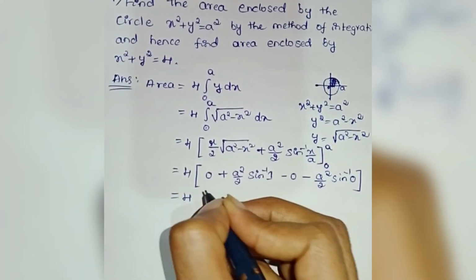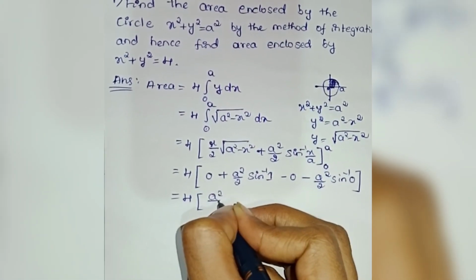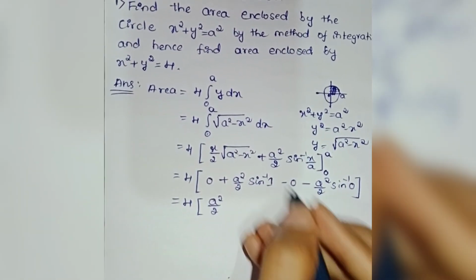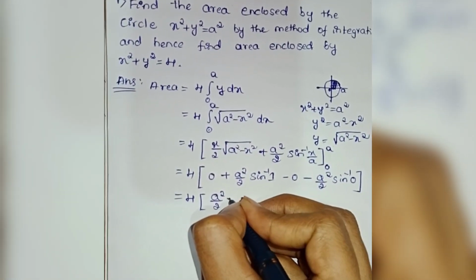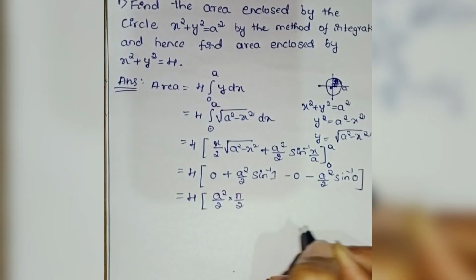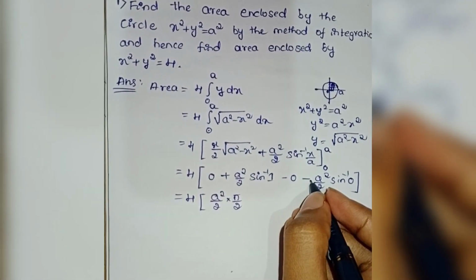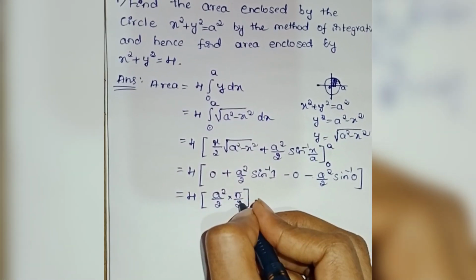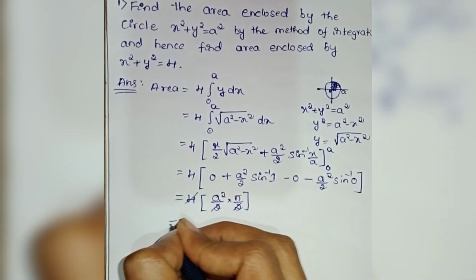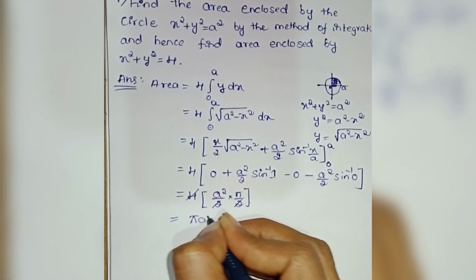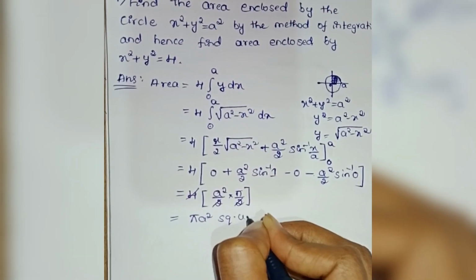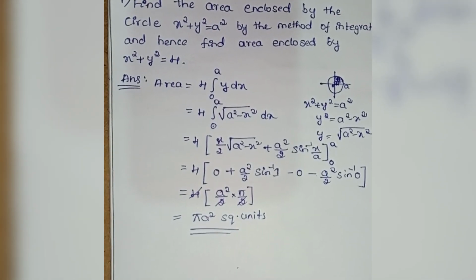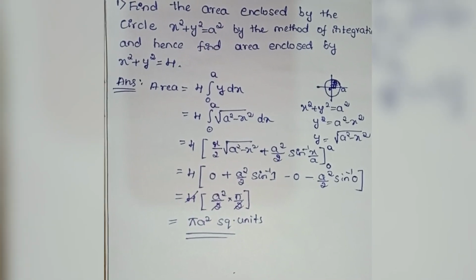Which is equal to 4 times a square by 2 sin inverse 1, that is sin of how many radians or degrees gives 1, that is 90 degrees, in terms of radian, that is pi by 2, minus 0, minus a square by 2 sin inverse 0, that is 0. So 2 2s are 4, this 4 cancels. So it is pi a square unit, the area enclosed by the circle x square plus y square is equal to a square, right?